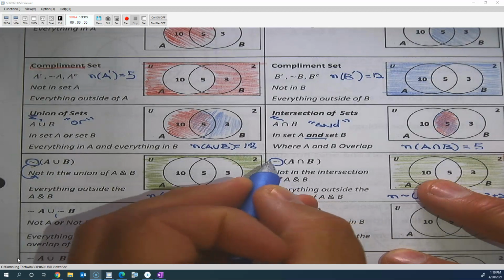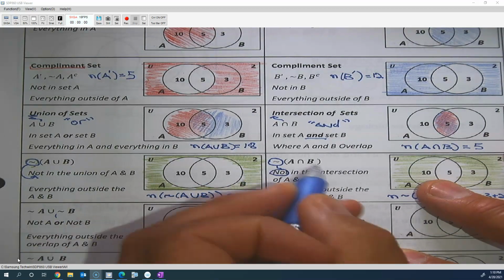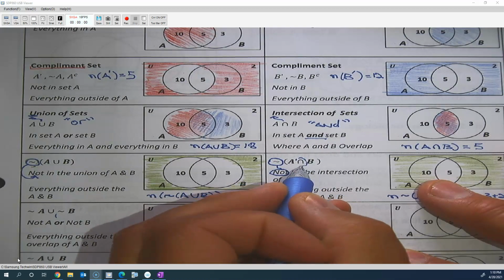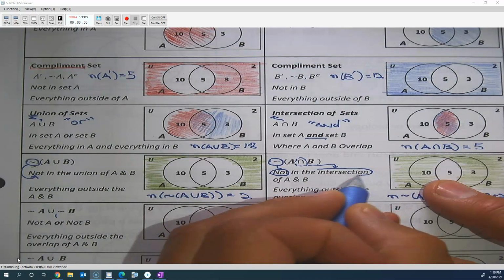So that symbol tells us the word not. This symbol tells us the word intersection or overlap.